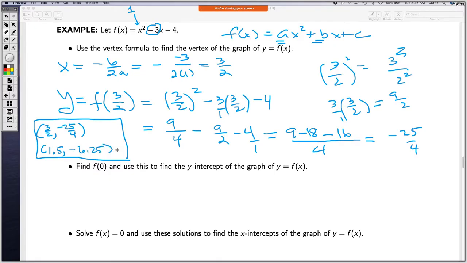Minus 6.25. Okay, once again, as long as the decimal terminates, I'm fine with you using decimals. If it doesn't terminate, then any finite decimals you write down would be an approximation. Okay, any questions on the vertex there?